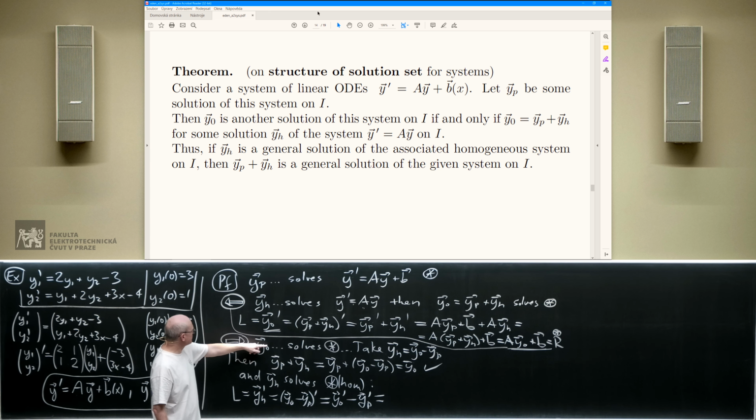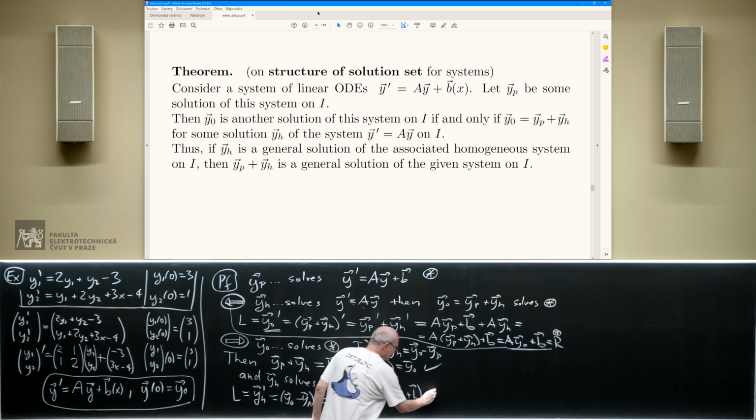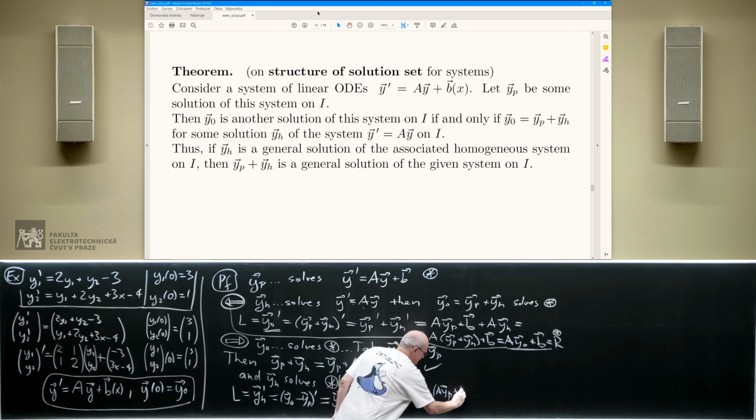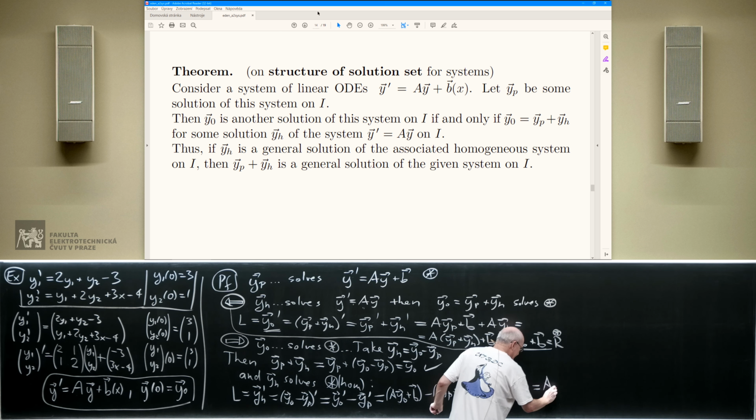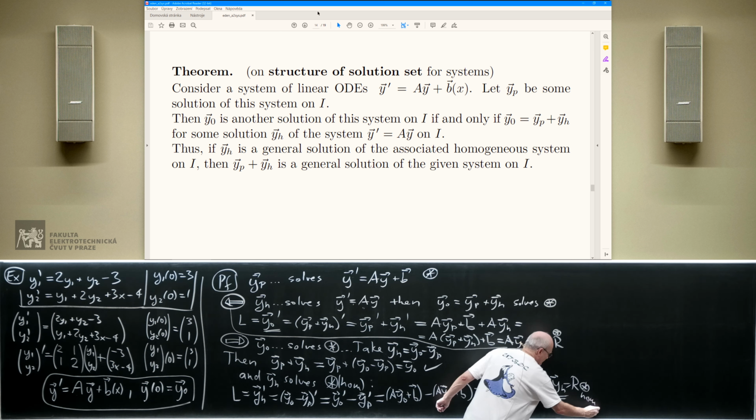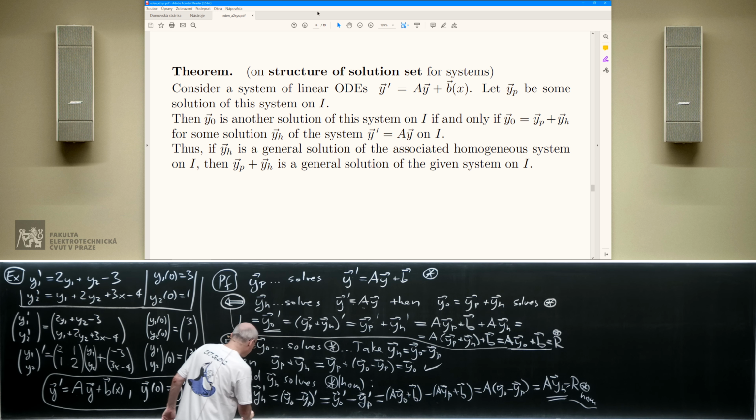So y naught derivative is A y naught plus b, and yp derivative, for the same reason, is A yp plus b. I look at it and I say, okay, that's nice. B cancels. And from these two terms, I can factor out A. A times y naught minus yp, and this is actually A yh, which is the right-hand side of the homogeneous equation. So that's exactly what I wanted to see. And my job is finished.